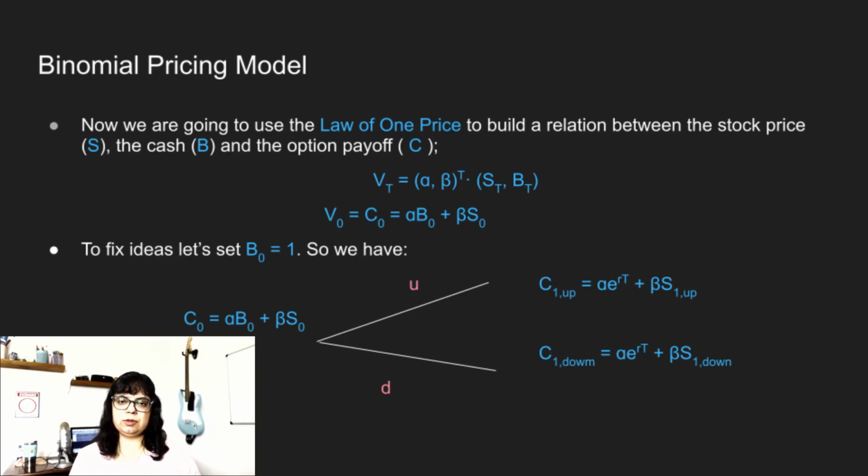Now we need to use the law of one price. We are not going to talk about this law here today, but I can talk about it in a future video.